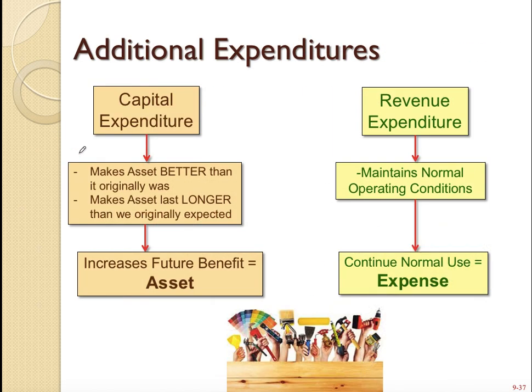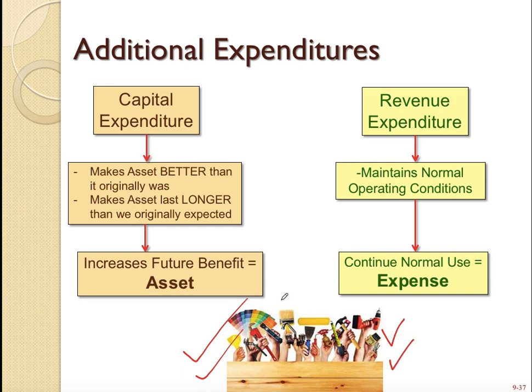Those are any kind of additional expenditures that a company has related to their assets. That can be things like repairs, replacing stuff, getting oil changes, tire rotations, any kind of repairs and maintenance.